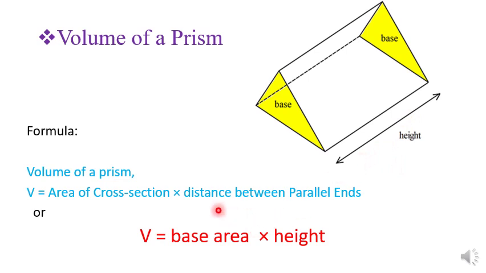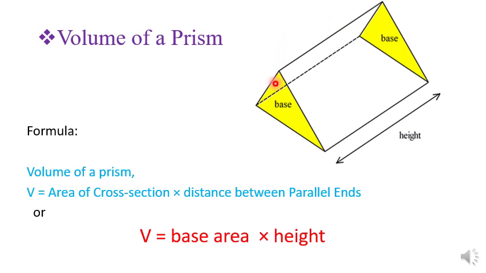In short, for the formula, we will say that volume of a prism equals base area of the prism multiplied by the height of the prism. So when you want to find the volume of a prism, just find the base area of it and then multiply with the height of it.